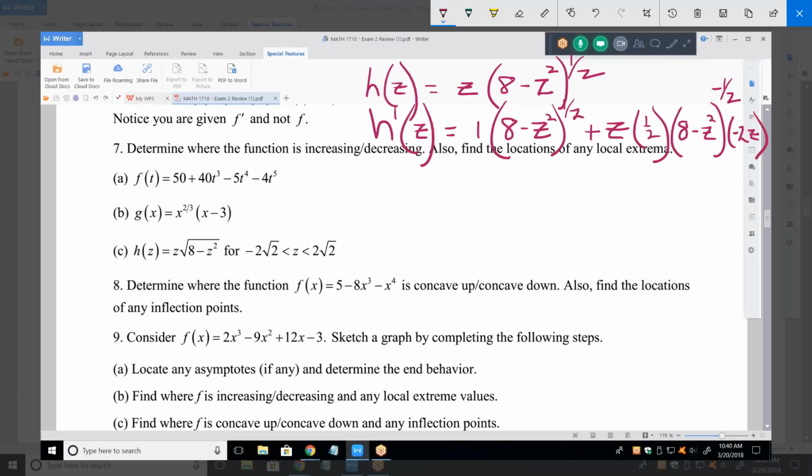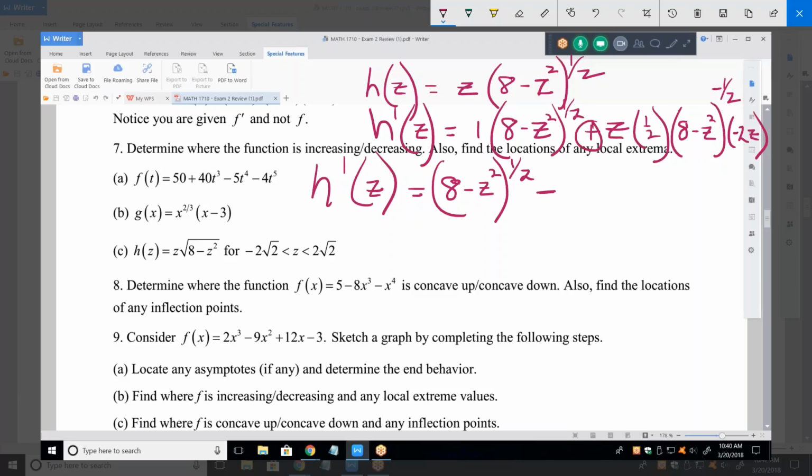Okay, now let's rewrite that in a little better form. We got h prime of z equals 8 minus z squared to the 1/2. And this is going to be a negative, right?